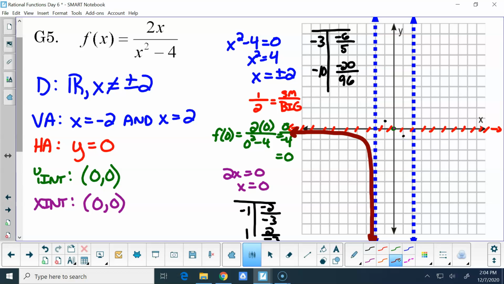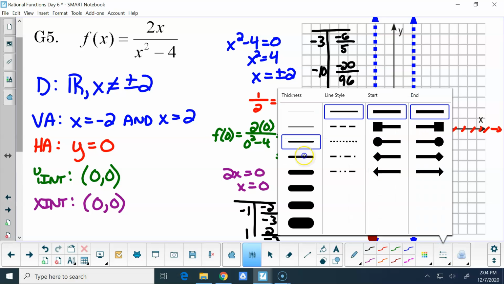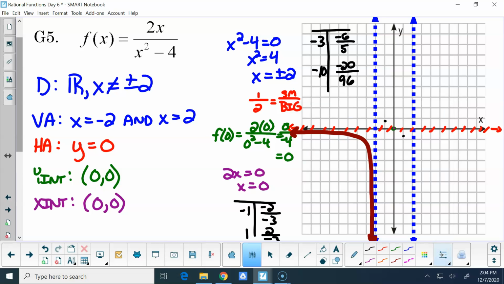So in this section, I'm actually crossing over the x-axis because I have an x-intercept. And that's legal to cross a horizontal asymptote. I can't cross a vertical asymptote, but I can cross a horizontal asymptote. So that's legal.